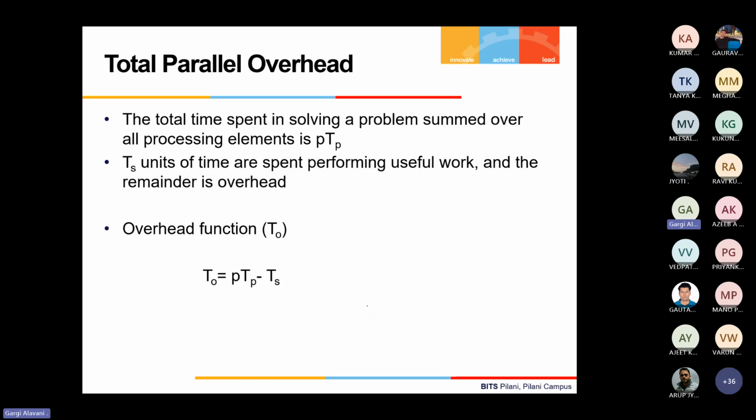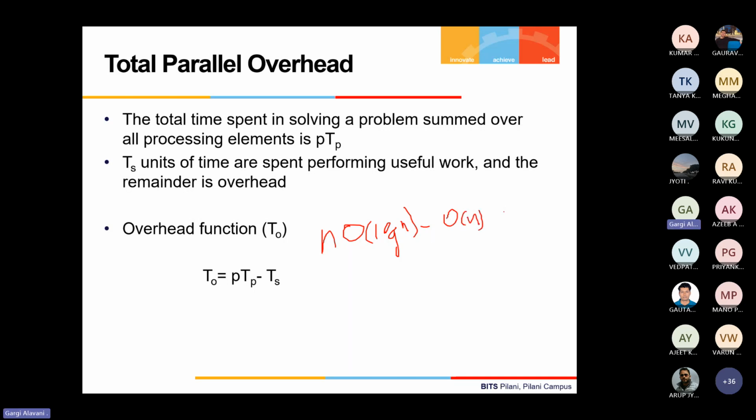Okay. So PTP is the total time taken for solving the problem in parallel on all the processors, minus what exactly we need from this solution, TS, the serial time. If we consider the previous example, solving the problem using n processors will give us O of log n, whereas doing it serially we got O of n.